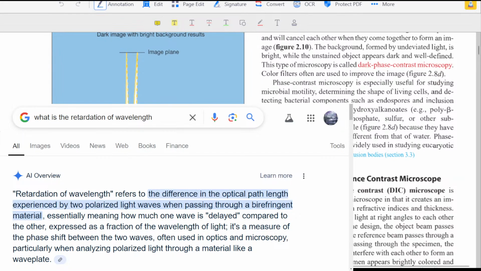Right. Now, color filters are often used to improve the image. Phase contrast microscopy is especially useful for studying microbial motility, determining the shape of living cells, and detecting bacterial components such as endospores and inclusion bodies that contain poly-beta-hydroxyalkanoates.